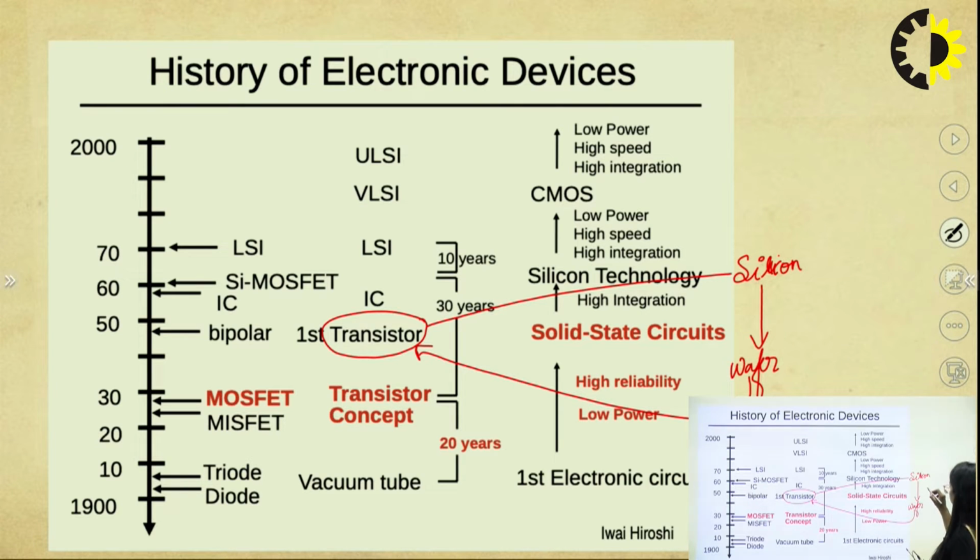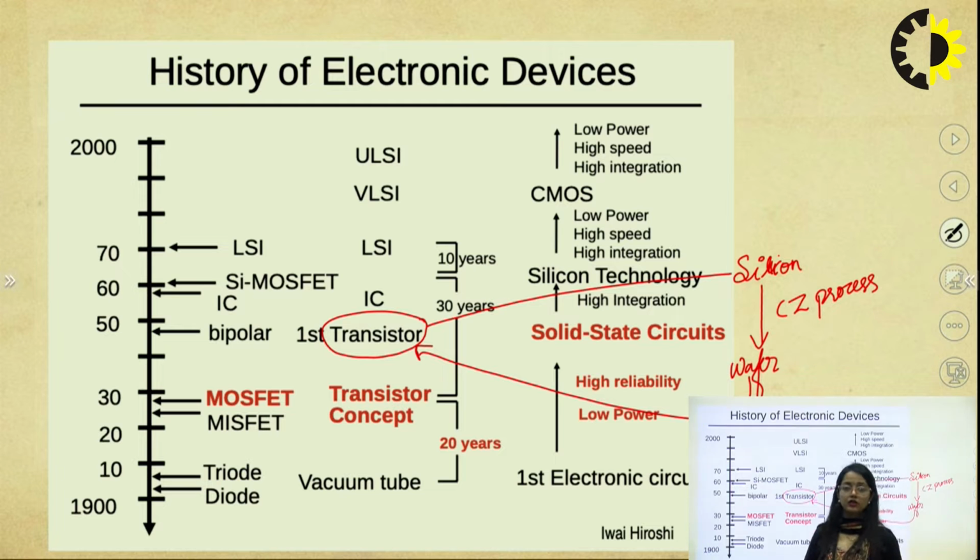So when I want to study the process where raw silicon is converted into a wafer, and this wafer is used to realize a transistor, I want to have complete knowledge of Czochralski's crystal growth process.